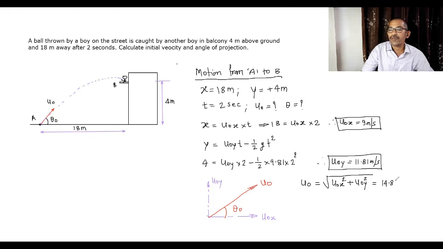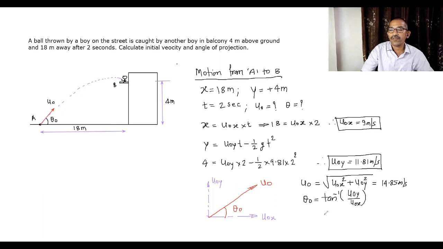Substituting u0x and u0y, u0 comes out to be 14.85 meters per second. For the inclination, tan of theta 0 is opposite upon adjacent, opposite is u0y and adjacent is u0x, so theta 0 equals tan inverse of u0y upon u0x.